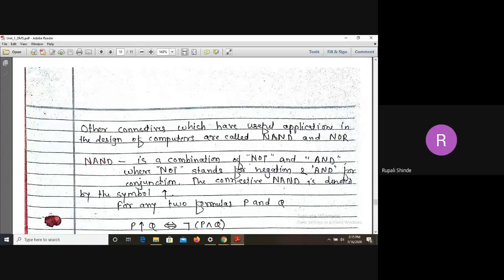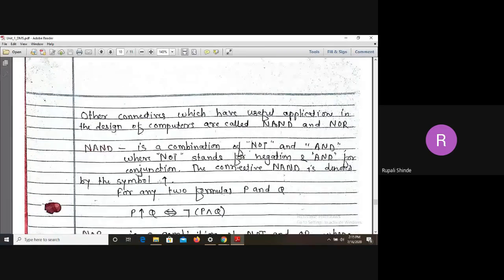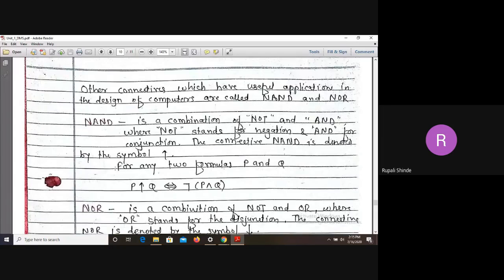Now, two more other connectives are there. First one is NAND. Its name itself suggests what NAND means: not and AND. That is NAND, not plus AND. Here NAND is represented by this upward arrow.